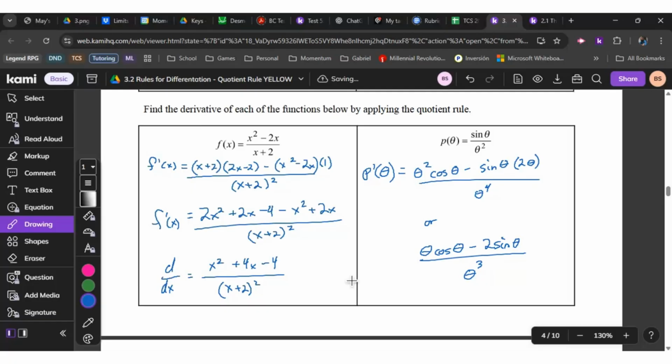It's up to you, because you could cross out one of those, since theta is everywhere. I could rewrite this as theta, cos theta minus 2 sine theta, over theta to the fourth. Yeah, but that's because I'm doing extra work.